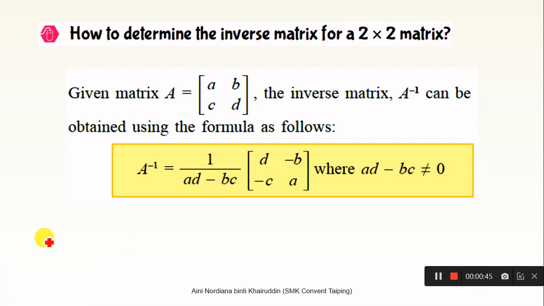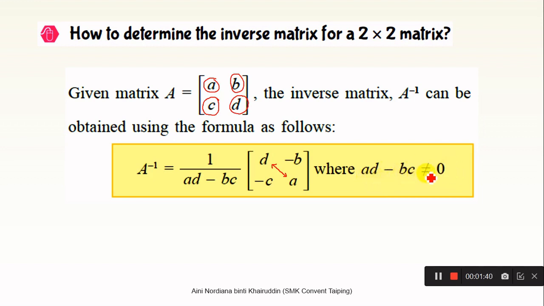So that means AD minus BC, B times C, multiplied with the matrix where you look at the position of A and D. Just change the position of A and D, and for B, just put a negative sign. Also for the element C, put a negative sign in front of the element, where AD minus BC is not equal to 0.